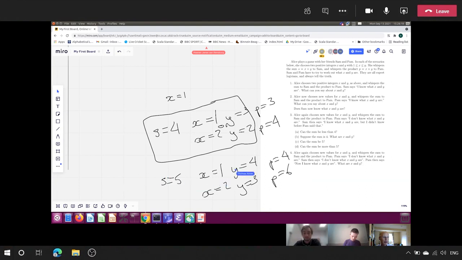Okay, part D then. Can the sum be more than 5? So if the sum was more than 5, then we would have at least 3 pairs of x and y to consider. Right. Because, so s equals, let's say, 6 as an example, but it will hold, then we have x equals 1, x equals 2, x equals 3, all to consider.